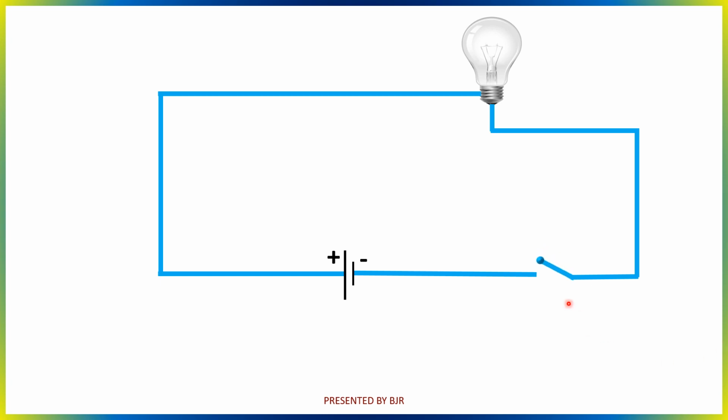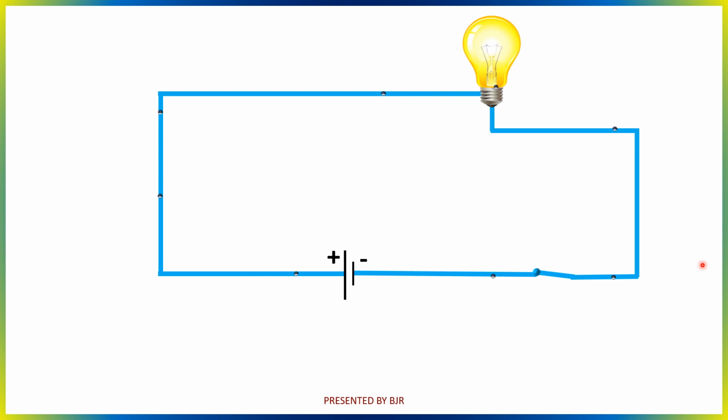So when the switch is closed, the bulb glows. Now you can see here. Electrons are flowing from negative to positive terminal of the battery. This is called electron current. Electrons always flow from low potential to high potential because the positive terminal is at higher potential than the negative terminal.